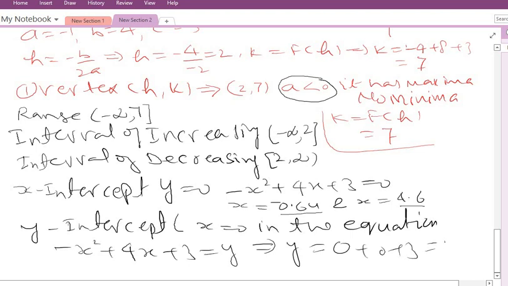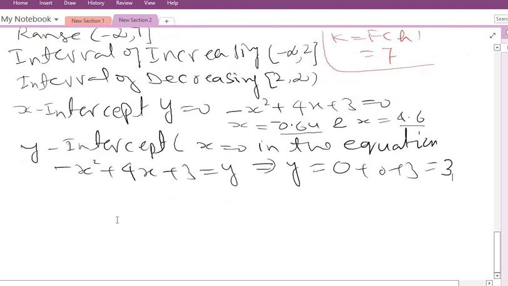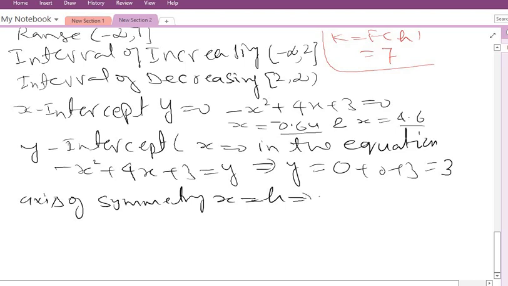So the y-intercept is 3. Now the other point we need to write is the axis of symmetry, x is equal to h. Here h is 2.